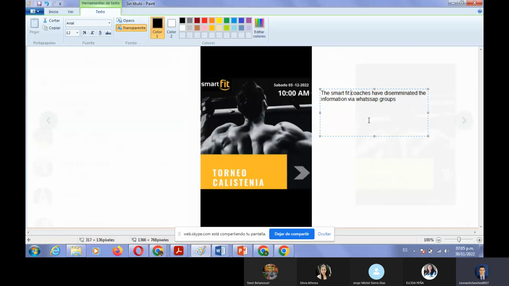Entonces está ocurriendo que algunos coaches, the Smart Fit coaches have disseminated the information via WhatsApp groups about the things that students are going to see, that not students but the people who are going to participate, the things that they're going to see, some exercises that they have to carry out, the prizes, maybe if you win, you can get some protein or one month for free at that gym.